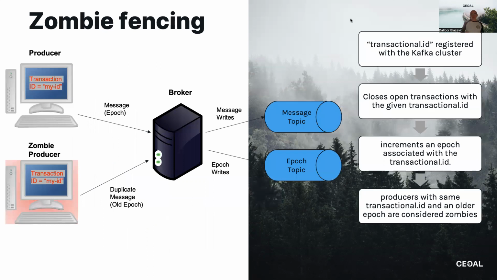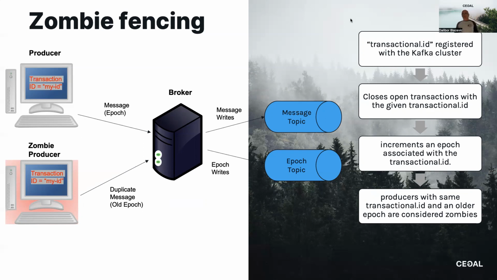And one of the features that this allows us to have is so-called zombie fencing. What does that mean? That means that whenever a transaction manager realizes that there are two producers with the same transaction ID, one of them is going to be fenced out. So only one producer with the same ID is allowed. All others are fenced out. How is that done?